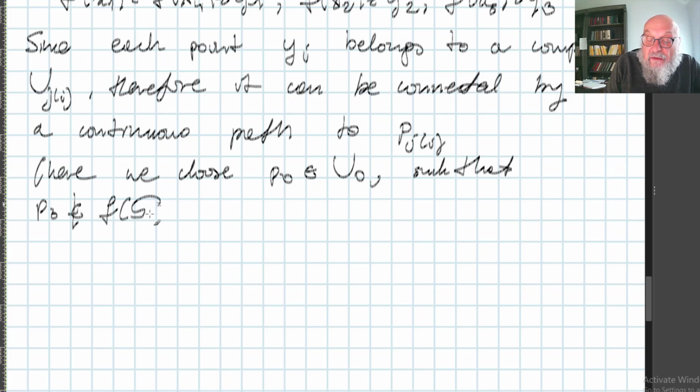Because it's unbounded, I can take it as far away as I want, and f of omega bar is compact, so of course I can choose it far enough not to be in the image.